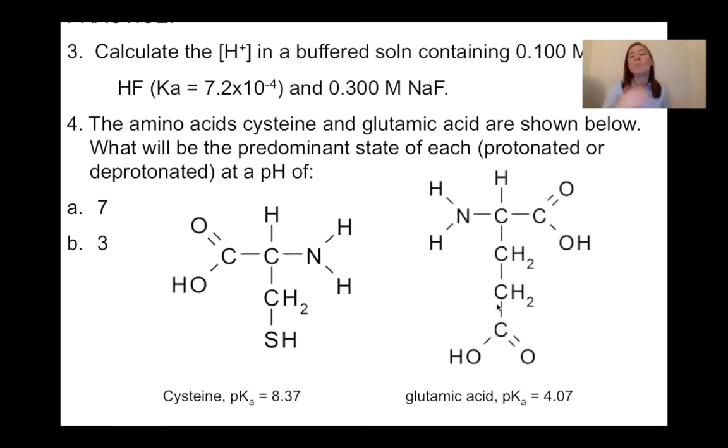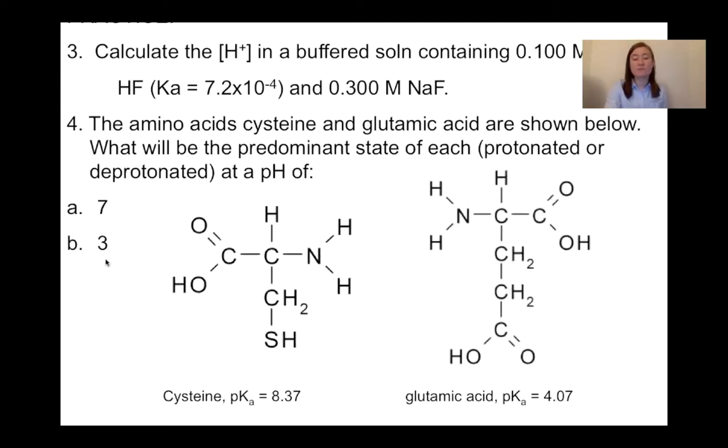Glutamic acid, we're above the pKa of glutamic acid. So we've got a solution that's essentially too basic for glutamic acid. And so the base is going to be pulling off hydrogens. And so glutamic acid is going to be deprotonated. So at a pH of 7, this is going to be protonated. This is going to be deprotonated.